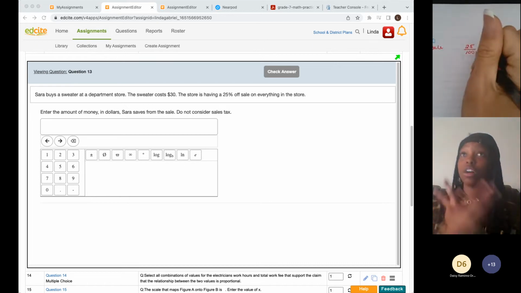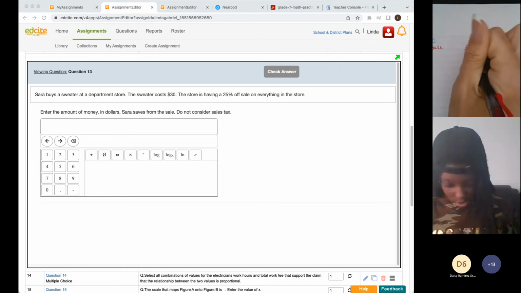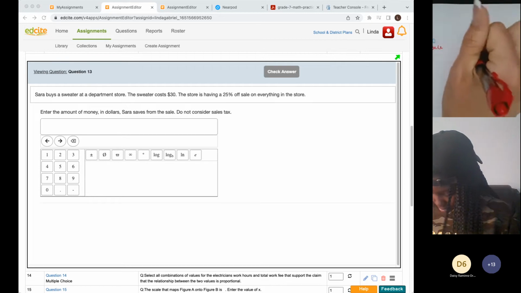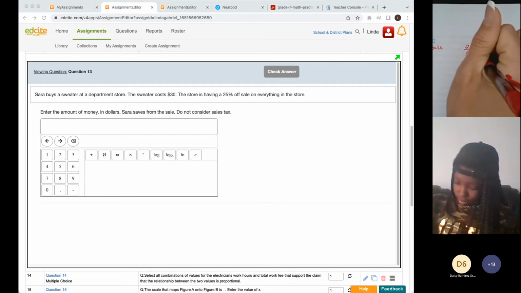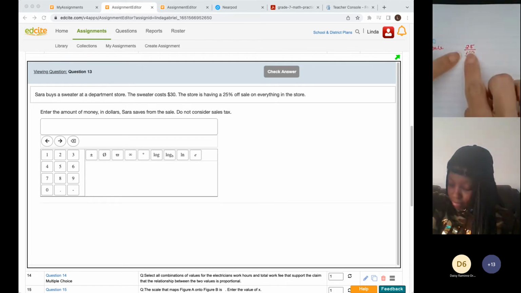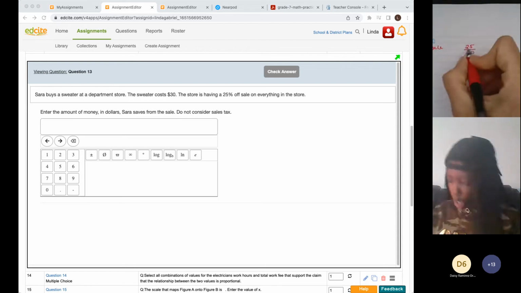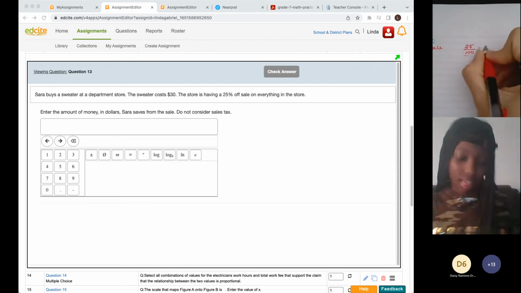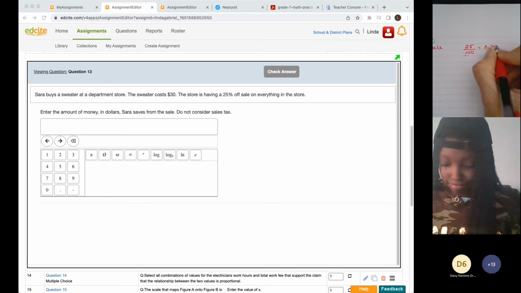If she was spending 100% of the price of the shirt, it would just be full price. That's why it says 100, but we are going to be taking off 25%. So 25 over 100 is equal to 0.25.